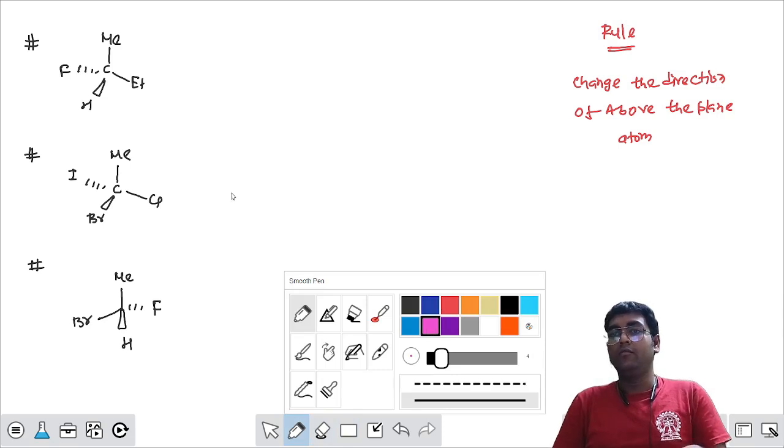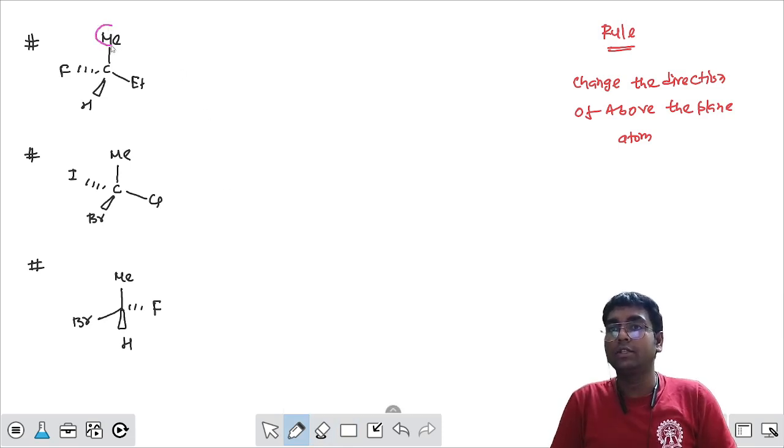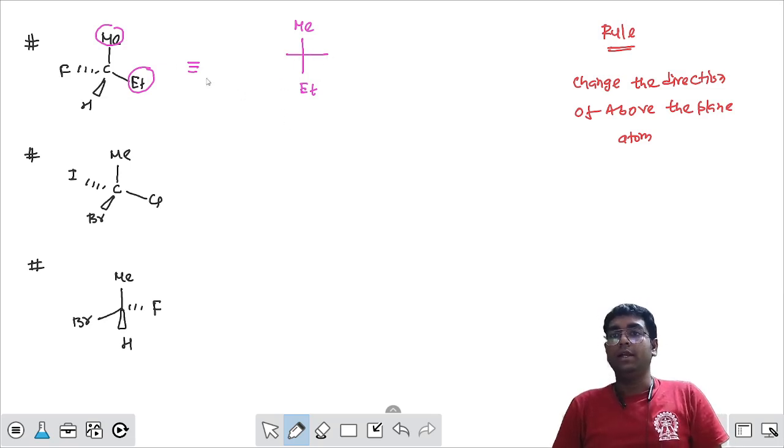Okay, very easy. We have to look first at the atoms which are lying on the plane, and if we try to interconvert it to the 2D form, we have to write it like this one, methyl and ethyl. Fine. Now we can see that the above the plane and below the plane moieties are on the left hand side of the concave.